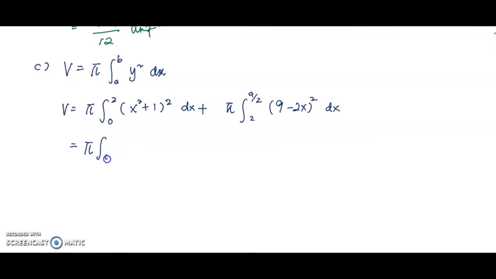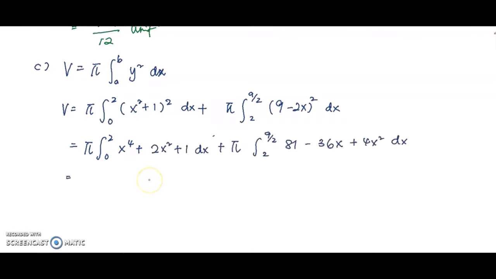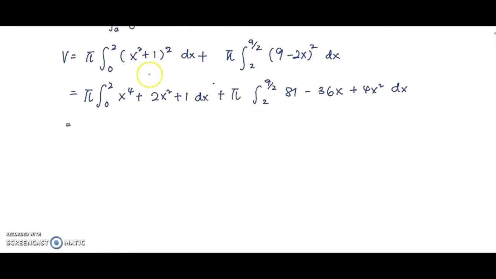You just need to expand it first. You get x to the power of 4. After you expand both functions, you have this, and now you can start to integrate. You can integrate x to the power of 4 to get x to the power of 5 over 5, plus 2x cubed over 3, plus x, and put in your lower limit and upper limit.